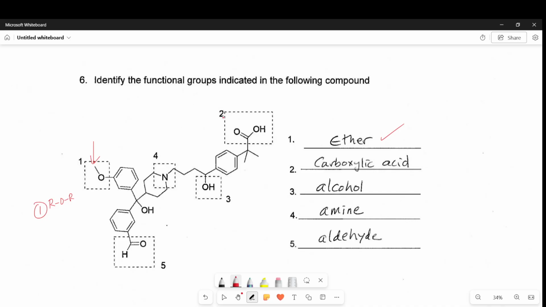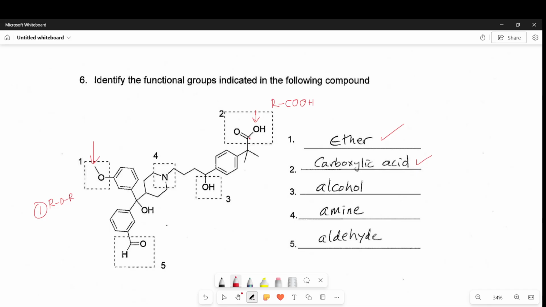Number 2, you have a carboxylic acid. A carboxylic acid is a carbon-oxygen double bond plus OH. So basically, the functional group is RCOOH. So this is a carboxylic acid. I want to mention also some of the hybridizations.